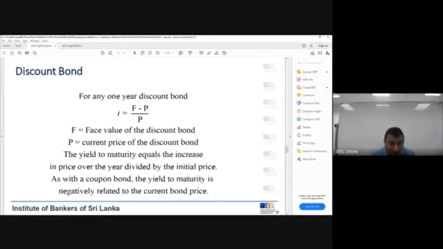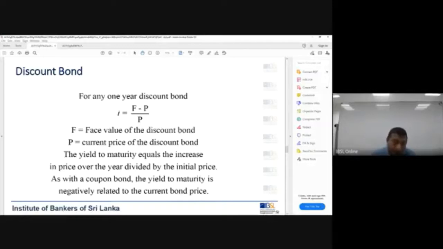Discounted financial assets, and there are bonds also. In normal parlance, you see bonds with a coupon, but discounted bonds are also available, and even coupon bonds could be purchased at a discounted price if the coupon is lower than the interest rate.